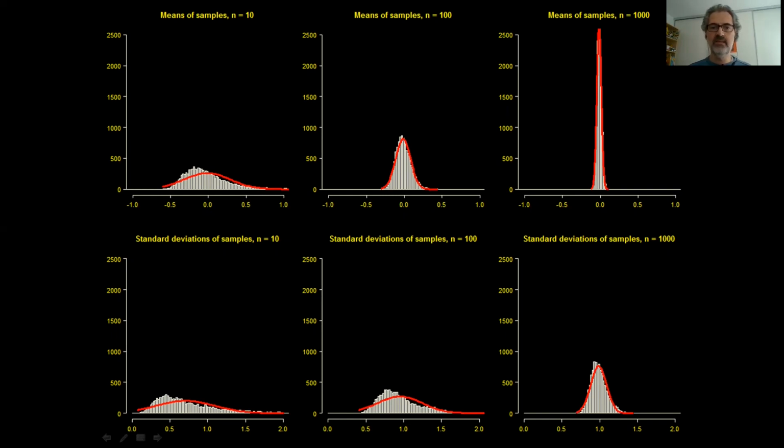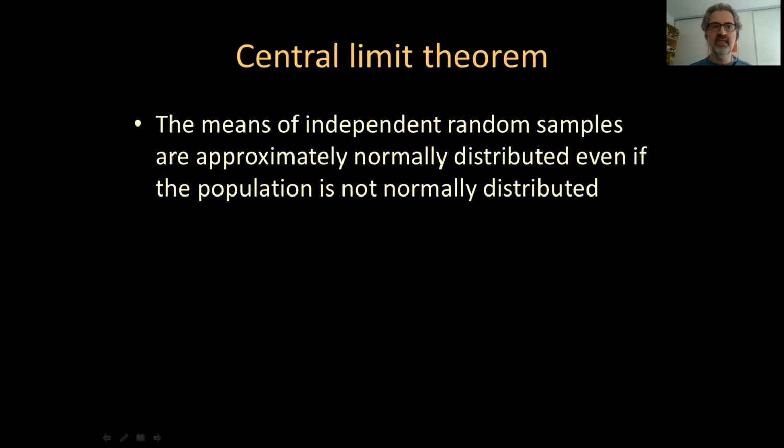So it's the means that we're actually going to concentrate on because it's the means that we're usually interested in making inferences about. And what the central limit theorem says that is important for us is that the means of independent random samples are approximately normally distributed even if the population is not normally distributed.